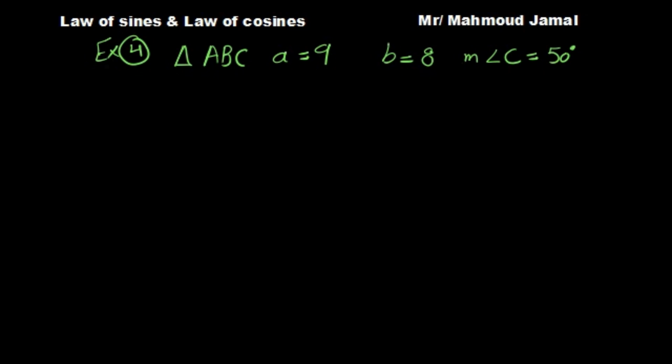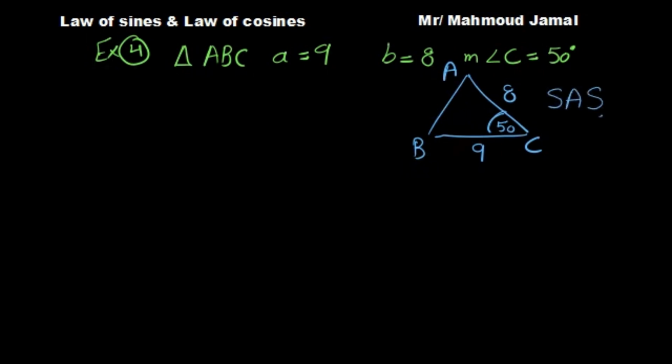To start to solve, I will draw the triangle ABC. A is 9, the side opposite to angle A, B is 8, and C is 50. Now I can use the cosine rule, because we have 2 sides and the angle included between them.